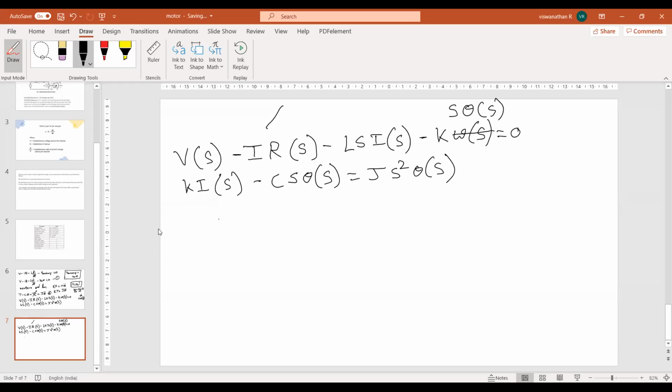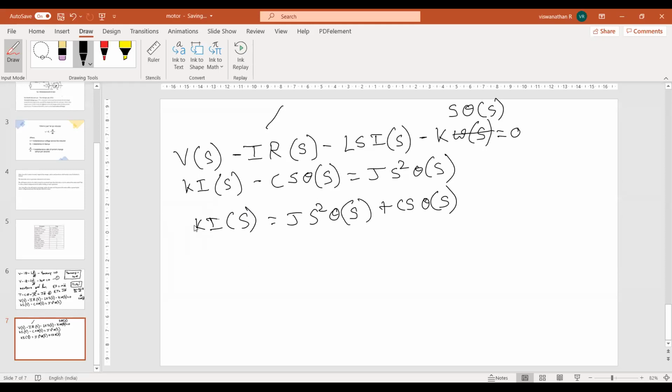So what you get here is k into I of s is equal to, from this equation, j s square theta of s plus cs theta of s.